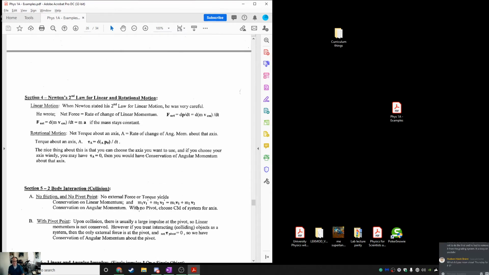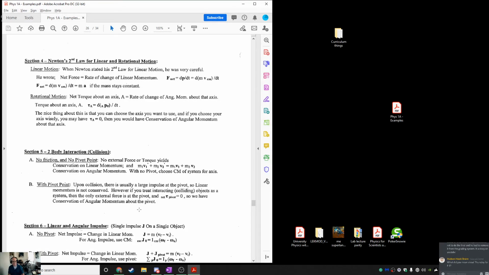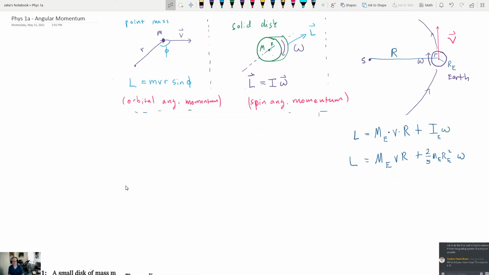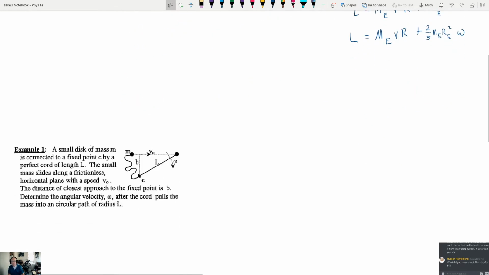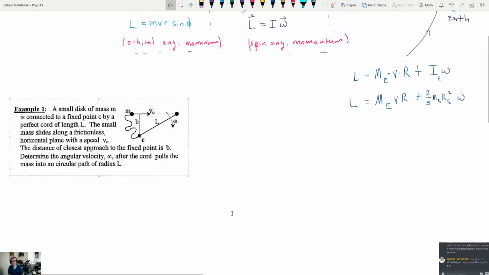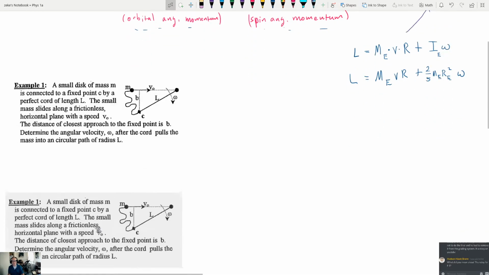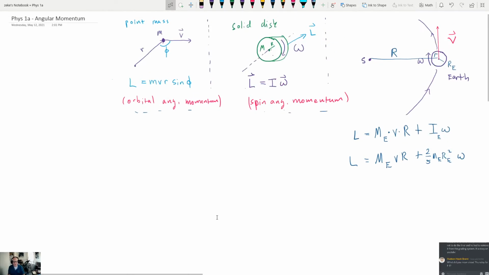The way that we're going to use this is we're going to analyze collisions that involve rotation. This first one isn't a collision, but the next few will be. For those, we're going to be able to say that when no external torque acts on the system, the total angular momentum of the system is conserved.